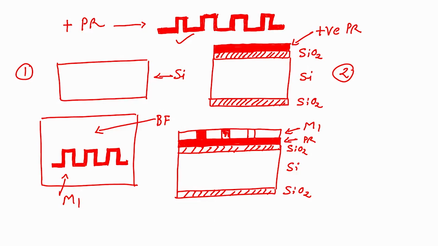So, if I take a cross section or side view of the mask shown on the bottom left of the screen, then it will look something similar to what I am drawing here on the wafer. So, now I have loaded the bright field mask on the oxidized silicon substrate.